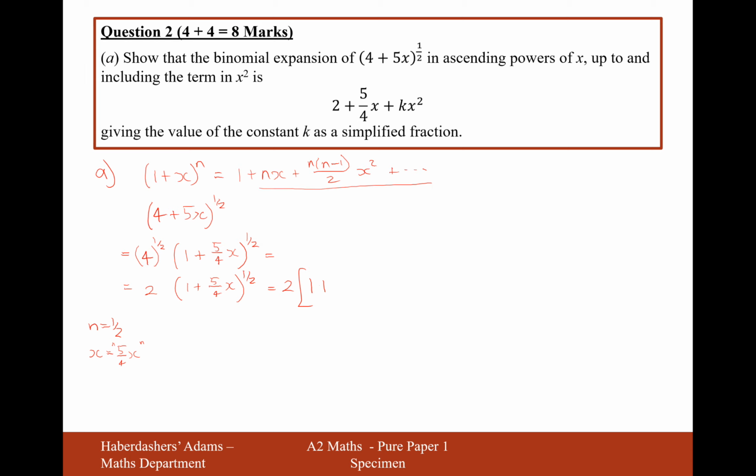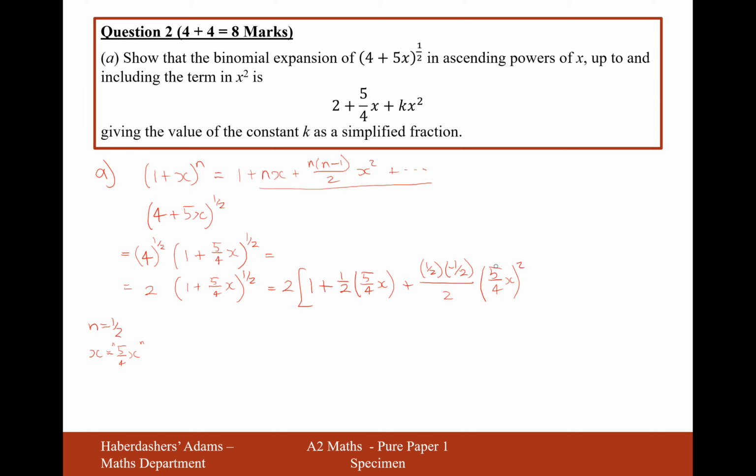It's going to be 1 plus n, which is 1/2, times x, which is 5 over 4x. So that's the second part done. Now moving on to the third part, it's going to be 1/2 times (n - 1), that's minus 1/2, over 2, times 5 over 4x, and that's all going to be squared.